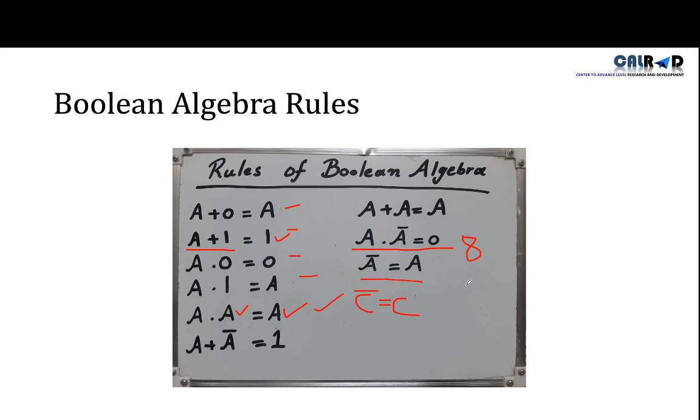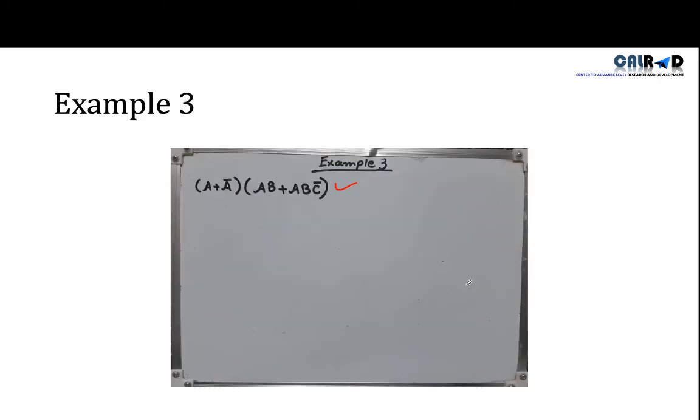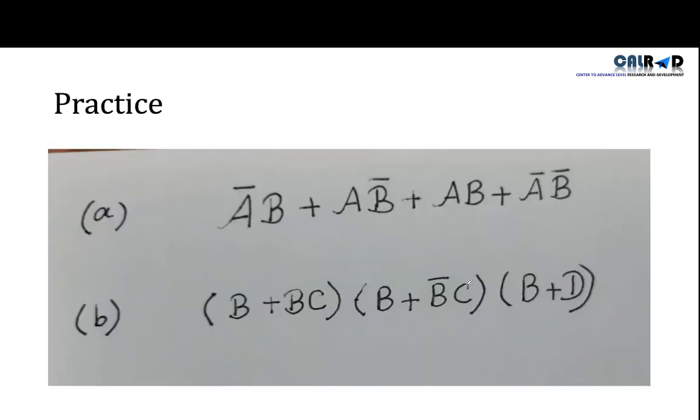Because if you repeat this example, then you will know where you have to apply these laws, how you can identify the law, and where you can simply simplify without using the laws. After these 3 examples, there are 2 practice examples for you. You can do them on your own, and in the next theory lecture I will give you the solutions and also explain these examples for your better understanding.